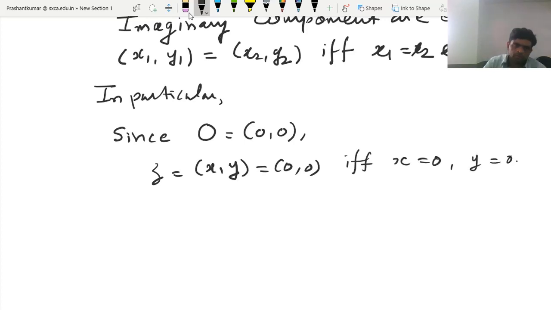The fourth rule is about how to define addition and multiplication over this set of numbers.